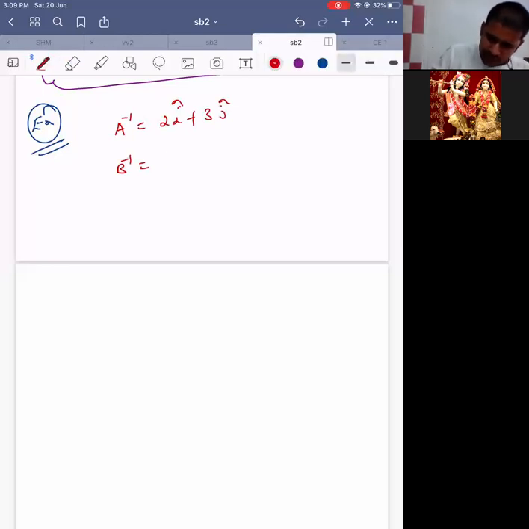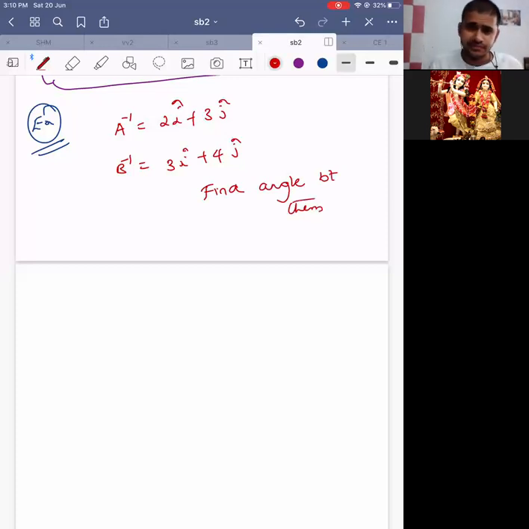Simple question I'll ask. Find the angle between these two vectors.